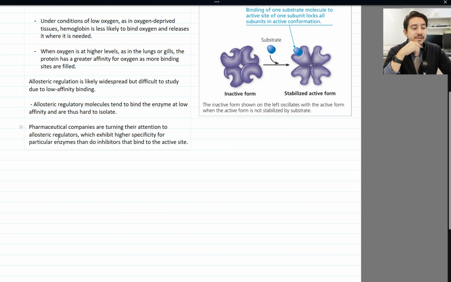And this is interesting as a hotspot for studies in pharmaceutical science. They're turning their attention to allosteric regulators, which exhibit higher specificity for particular enzymes than do inhibitors that bind to the actual active site.